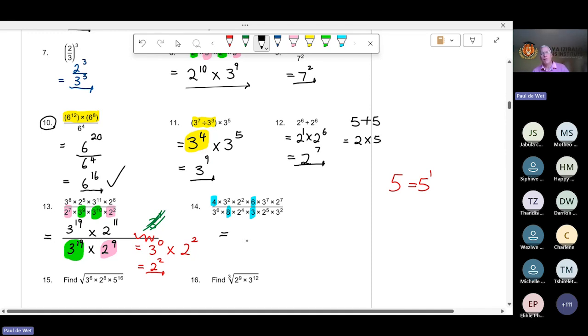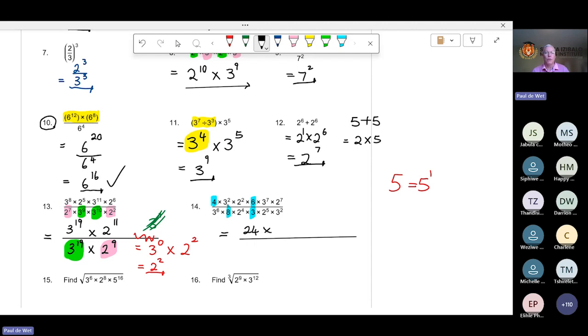Okay. I'm going to do the top first. On the top, I've got a normal 4 and a normal 6. 4 times 6 is 24. Those have not got exponents on. Now I'm going to look for all the numbers that have got an exponent of 2 on. Over here, I've got 2 2s, and here, I've got 7 2s.